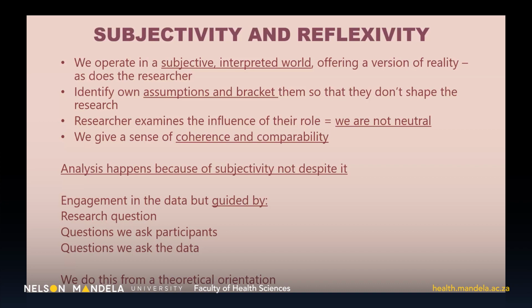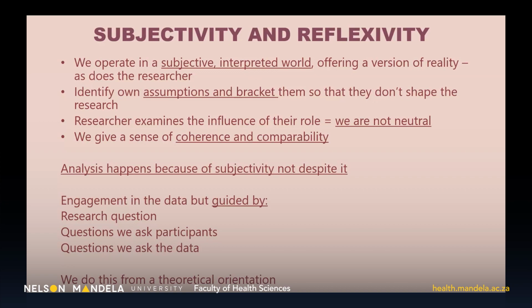First position for that is acknowledging that we are not neutral, right? We are not just computer processors that read through data and pick out the themes. We can't be neutral. We are the ones that are giving coherence to data, that are piecing it together in a way that is meaningful.